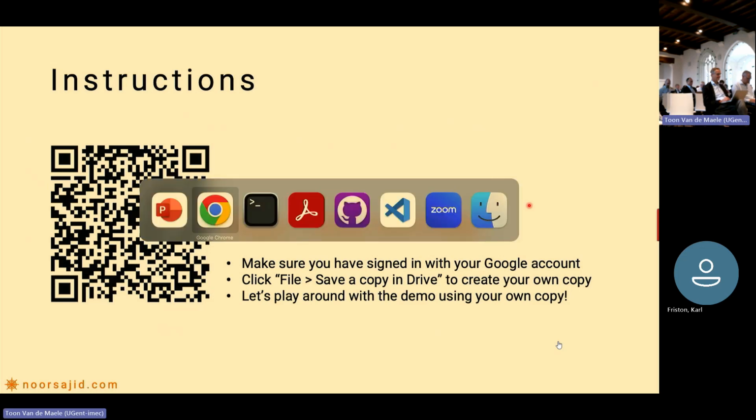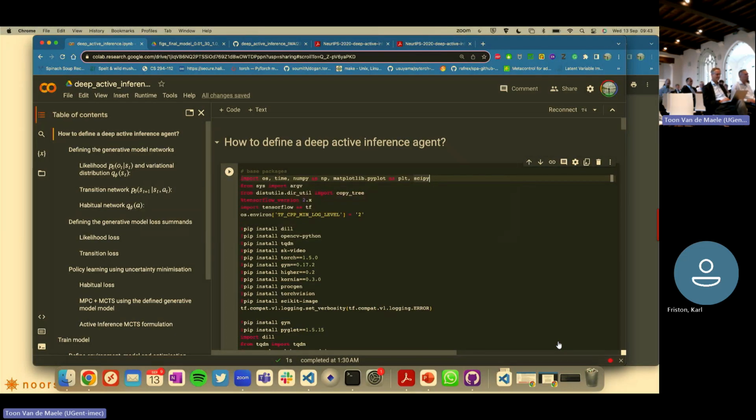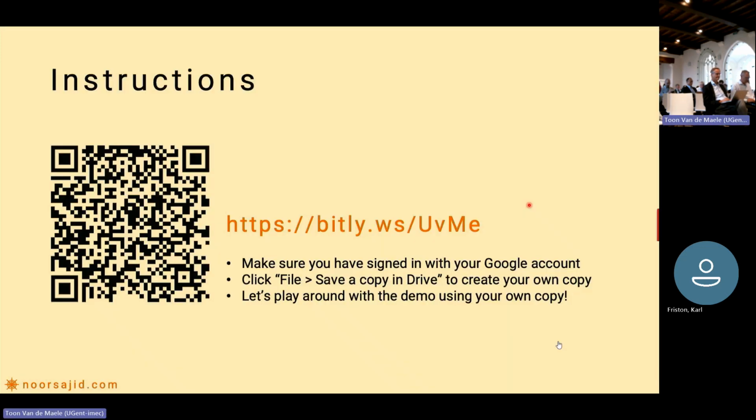So once you open it, it should look something like this. Oh, sorry, I'll just go back again. And if you don't have a laptop, maybe pair up with someone sitting next to you who does have one, so you can see what's happening.